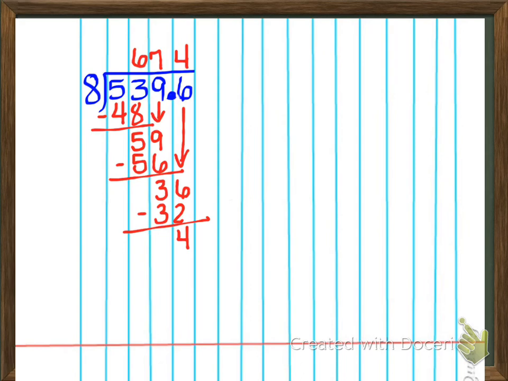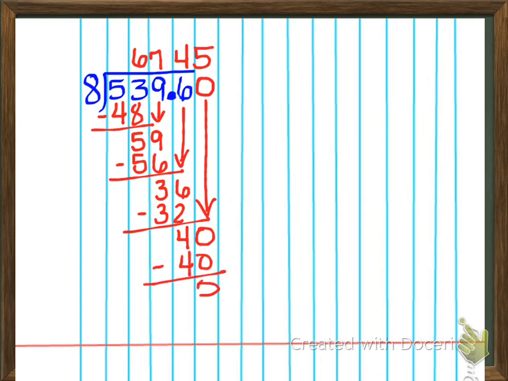All right, so this is the spot where you're going to see that I have no other numbers over here. So what I have to do is annex a 0. That means add a 0. So notice I did that in my next column, and I'm going to bring that 0 straight down. So now I'm going to ask myself, 8 goes into 40 5 times. 5 times 8 is 40.